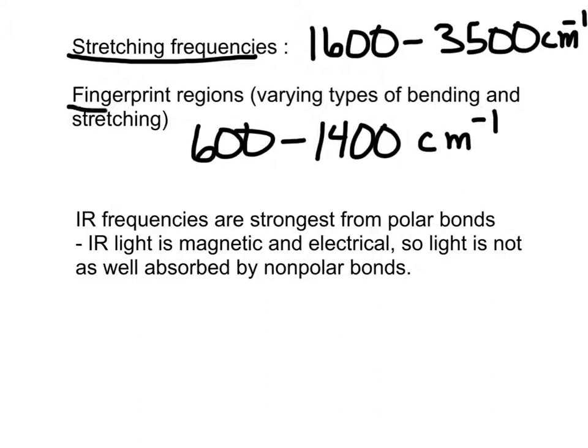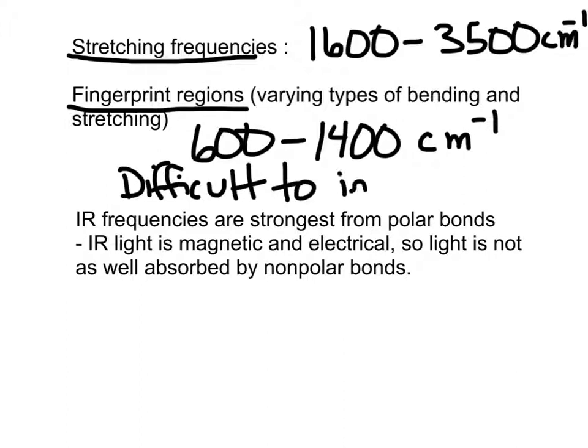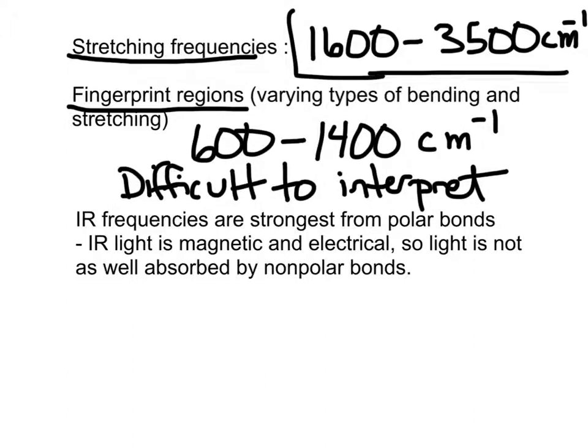This region is full of stuff, and it is very difficult to interpret. So it's not that we can't find information in this region, but it doesn't give us the kind of detail that we're looking for, or definitive properties as we see in the stretching frequencies.